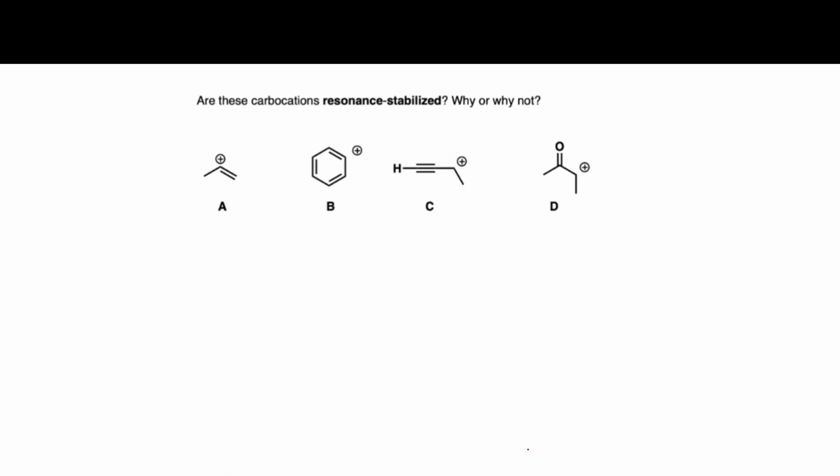Now between these, which one is resonance stabilized? When we talk about a benzylic carbocation, it will be like this. The positive charge is here, so this can be resonance stabilized.